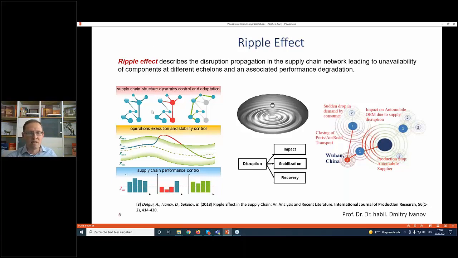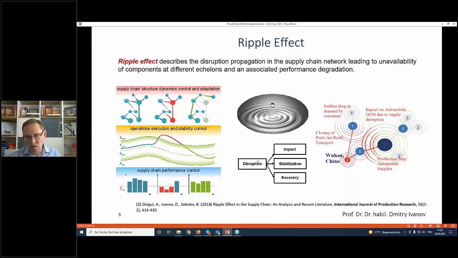In other words, some structural changes due to disruption frequently result in a decrease of some supply chain KPIs like service level or annual revenues, and frequently we also observe deviations from the operations policies like production policy, inventory control policy, sourcing policy.